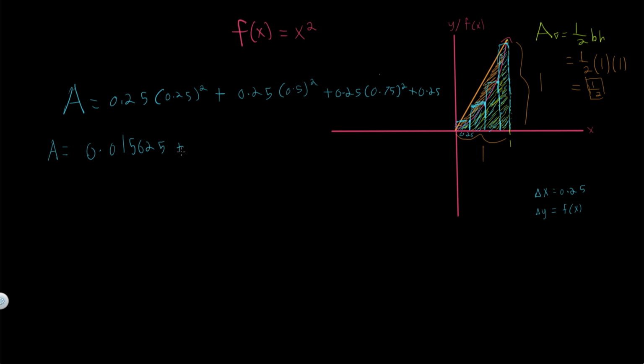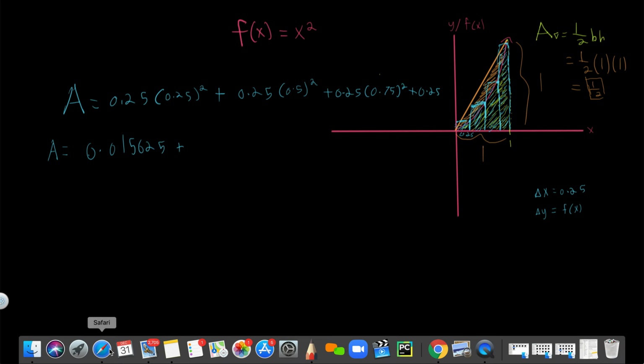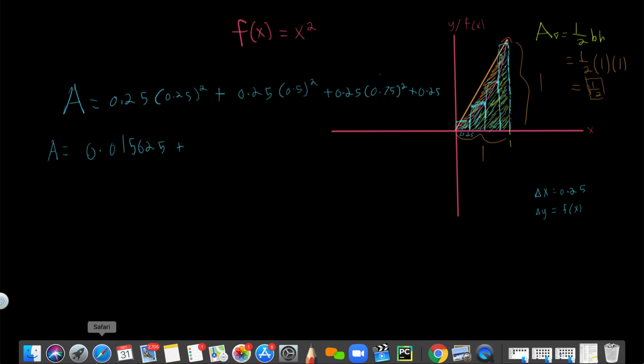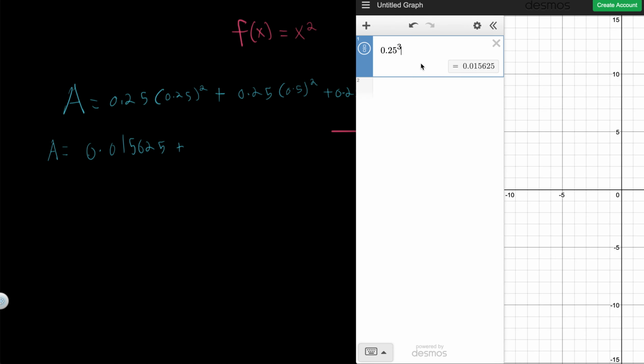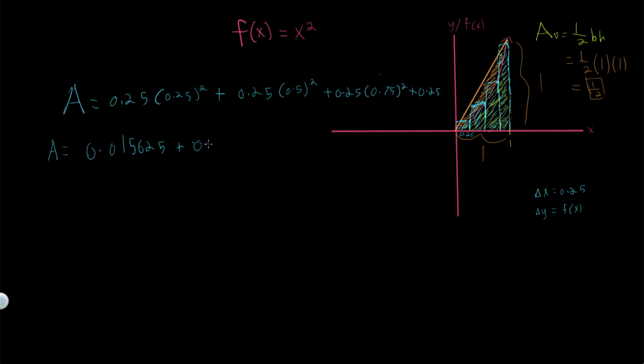Plus, let's see, 0.5 squared times 0.25, and that is 0.0625.